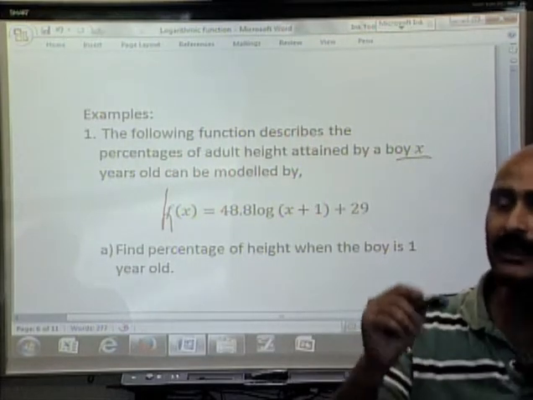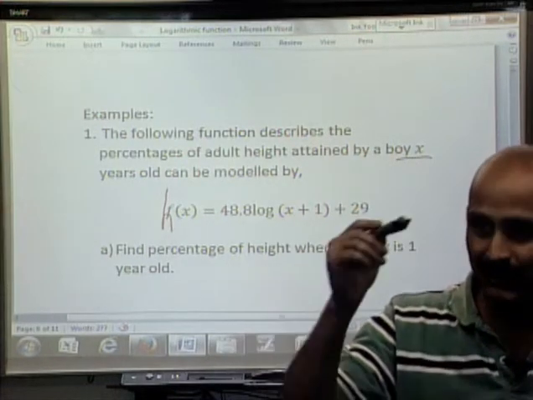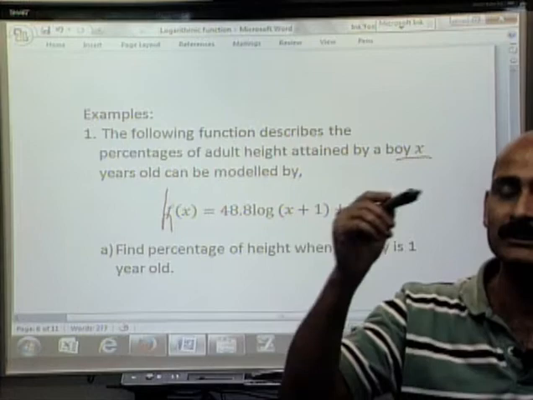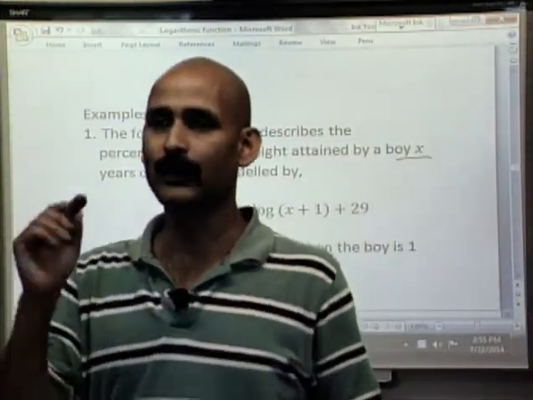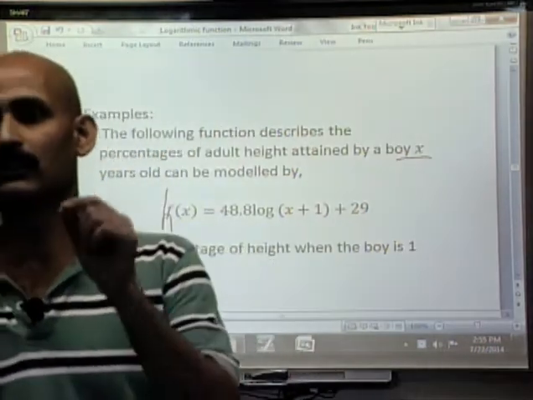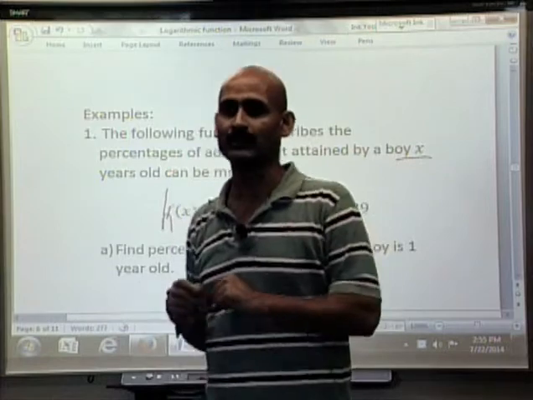It is a very slow growing process. If there is a natural process, a physical process where the growth is very small, the log function comes into action to model the process.